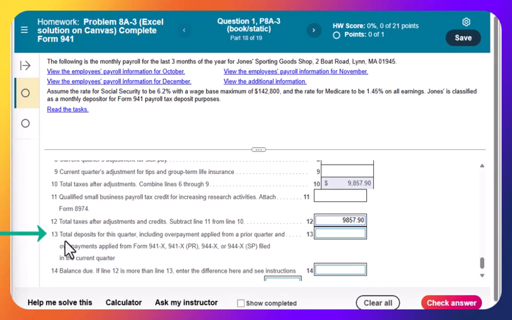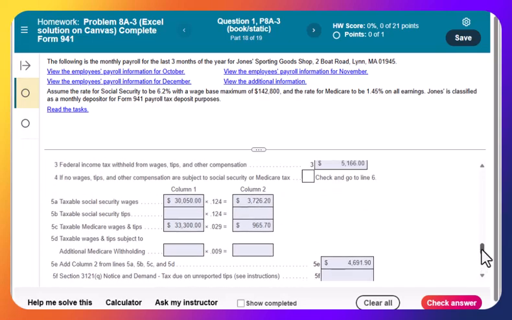Okay, so line 13, total deposits for this quarter, including overpayment applied from a prior quarter and overpayments applied from Form 941-X. So what are they talking about here? This is the total deposits for the quarter for FICA and FIT. And since we've already had those as journal entries up here in part 3, we're going to need to add them up.